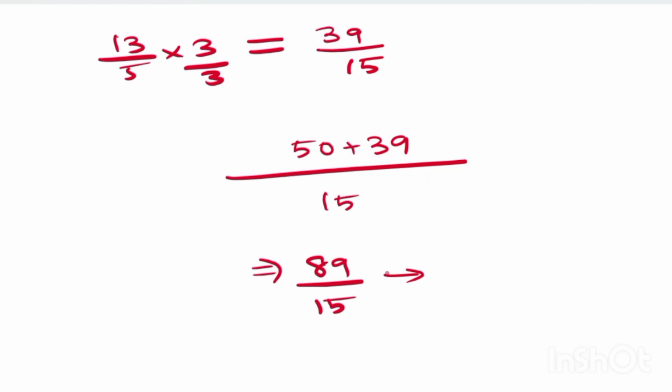You will be getting 5 14 by 15. You can also check it by seeing what 15 into 5 is. 15 into 5 is 75, plus 14 will come out to be 89. Okay, so the answer is 5 14 by 15.